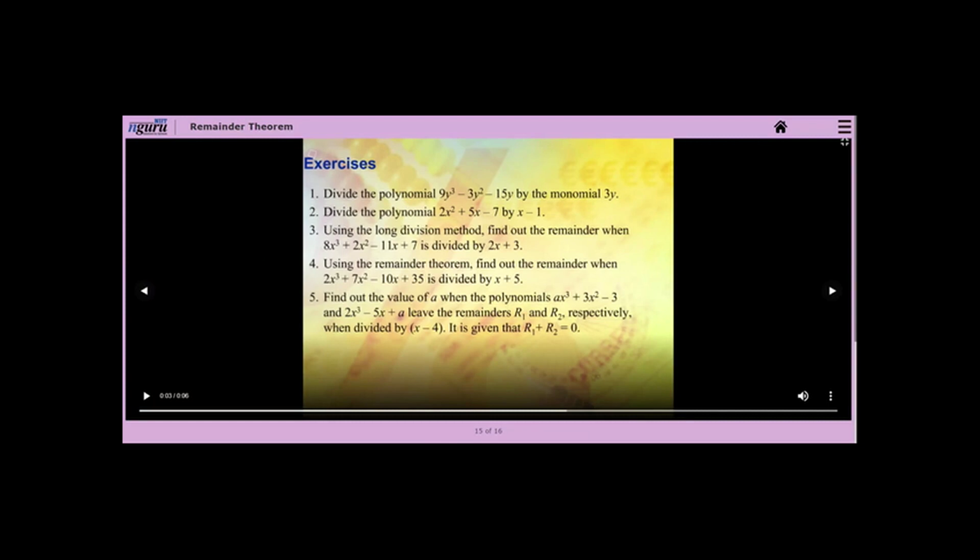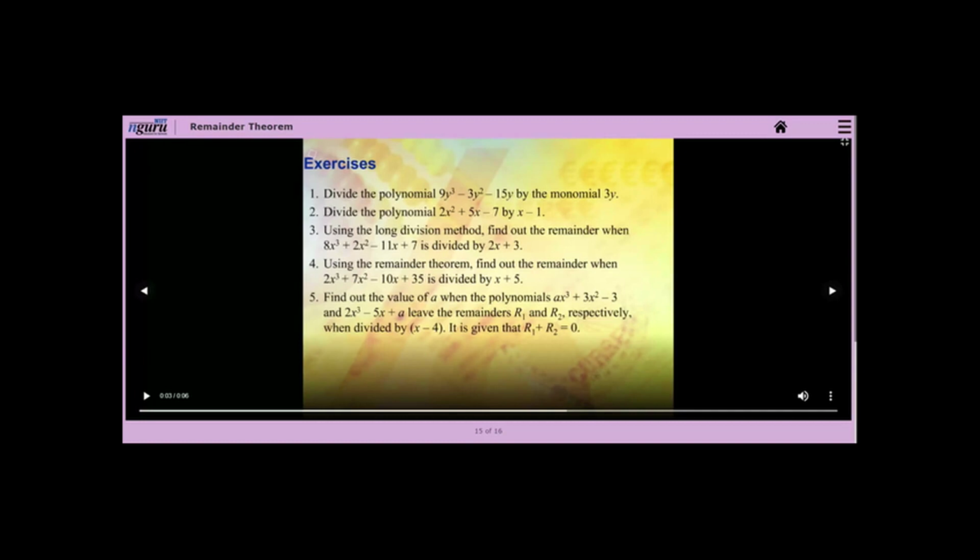Third question, you have to divide 8x cubed plus 2x squared minus 11x plus 7 by 2x plus 3. Ma'am, quotient is 2x squared plus 5x minus 2. 2x squared or 4x squared? 4x squared, ma'am. 4x squared plus 5x minus 2.